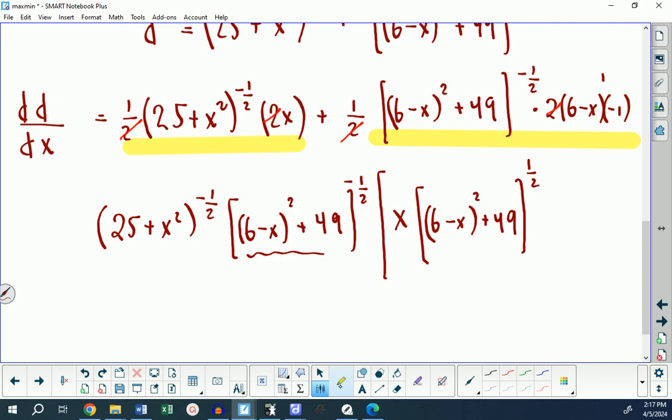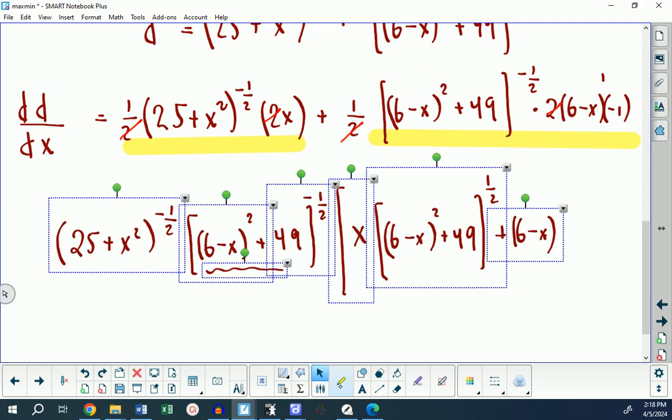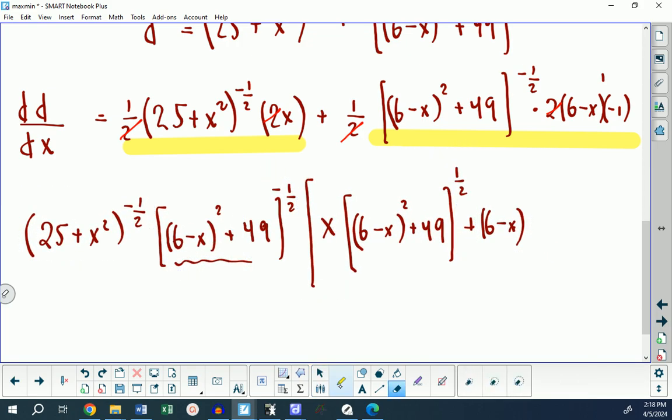Out of the second term, I have a 6 minus x, and I also have a 25 plus x squared to the positive 1/2.